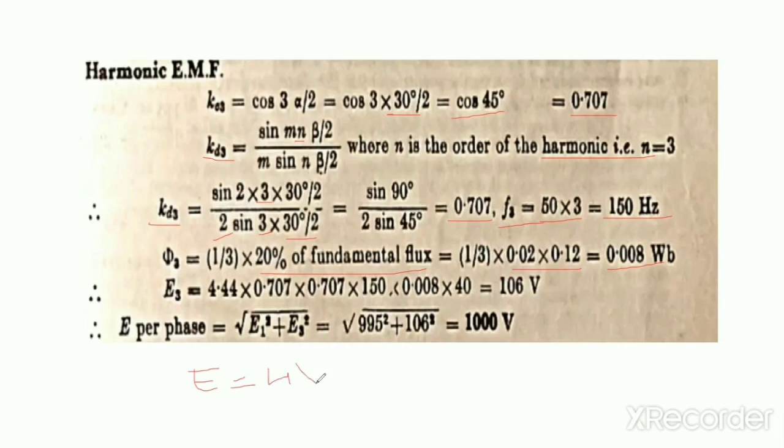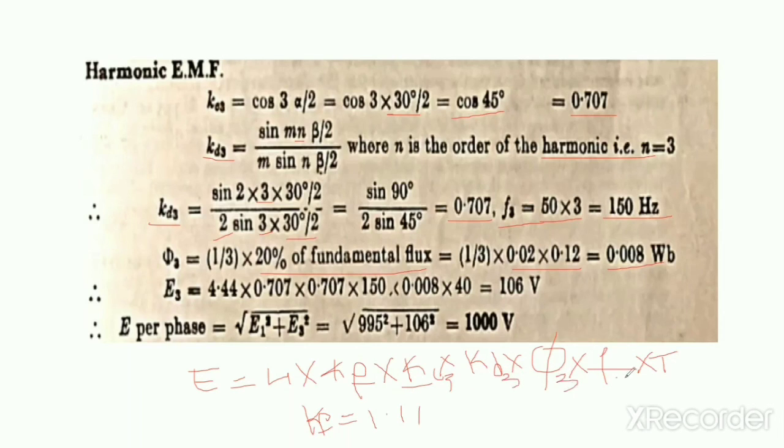Same formula, that is 4 into Kf into Kc into Kd into flux phi into supply frequency F into turns T. In this case, Kf is equal to 1.11, and Kc is the coil span factor, that is Kc3, then Kd3, phi 3, F3.